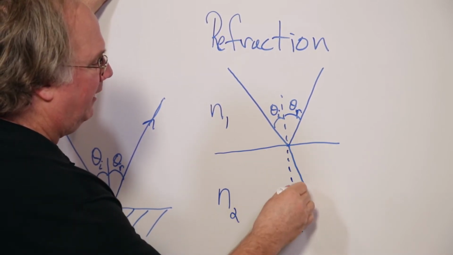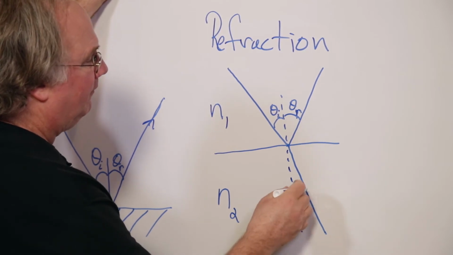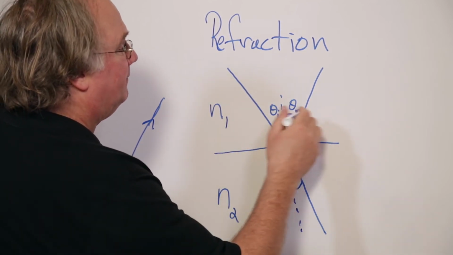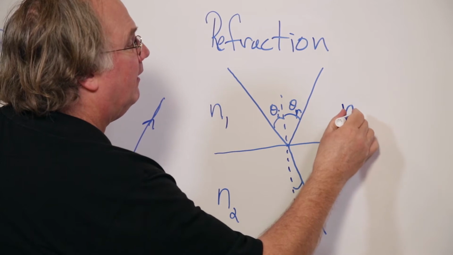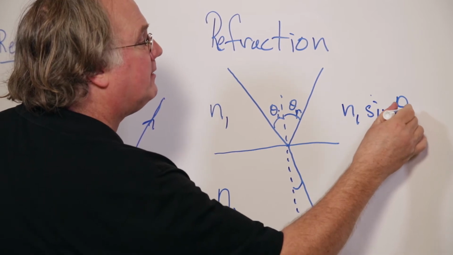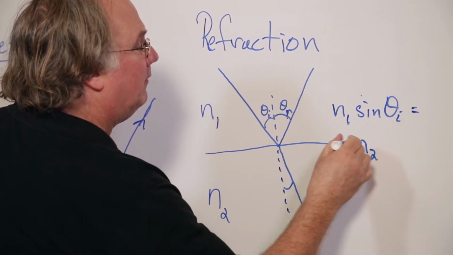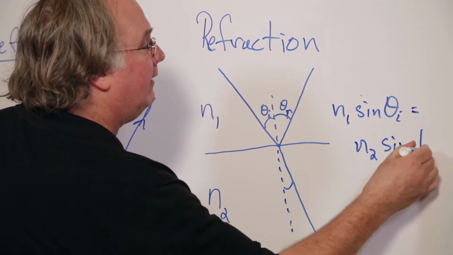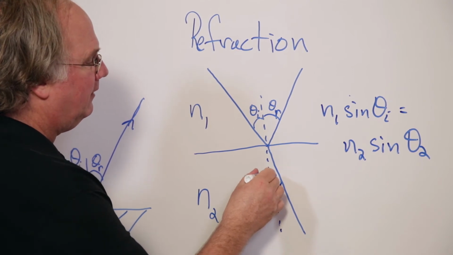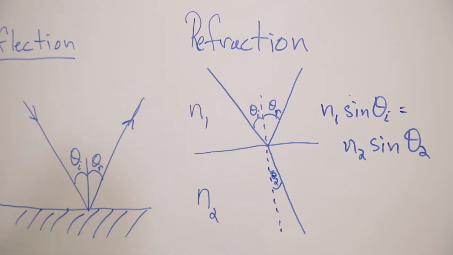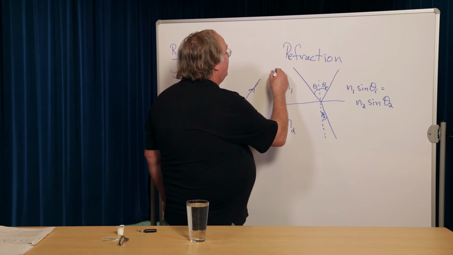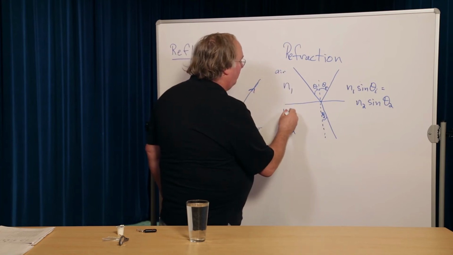The refracted ray goes at a different angle. The way it works is that N1 times the sine of the angle on one side equals N2 times the sine of the angle on the other side, theta 2. Usually you have a situation with something like air and water.